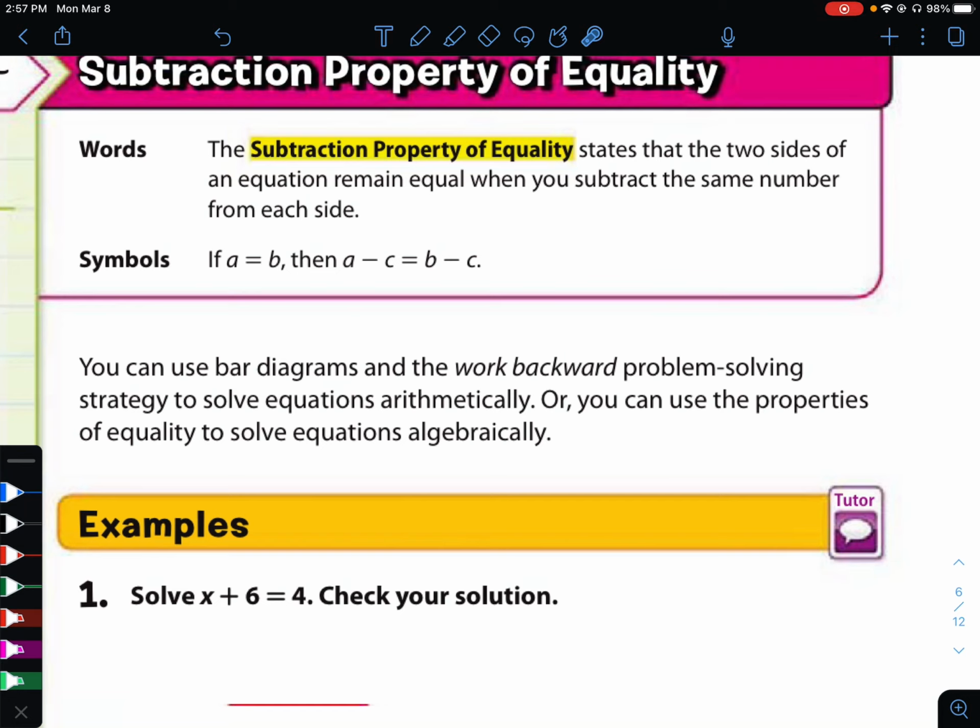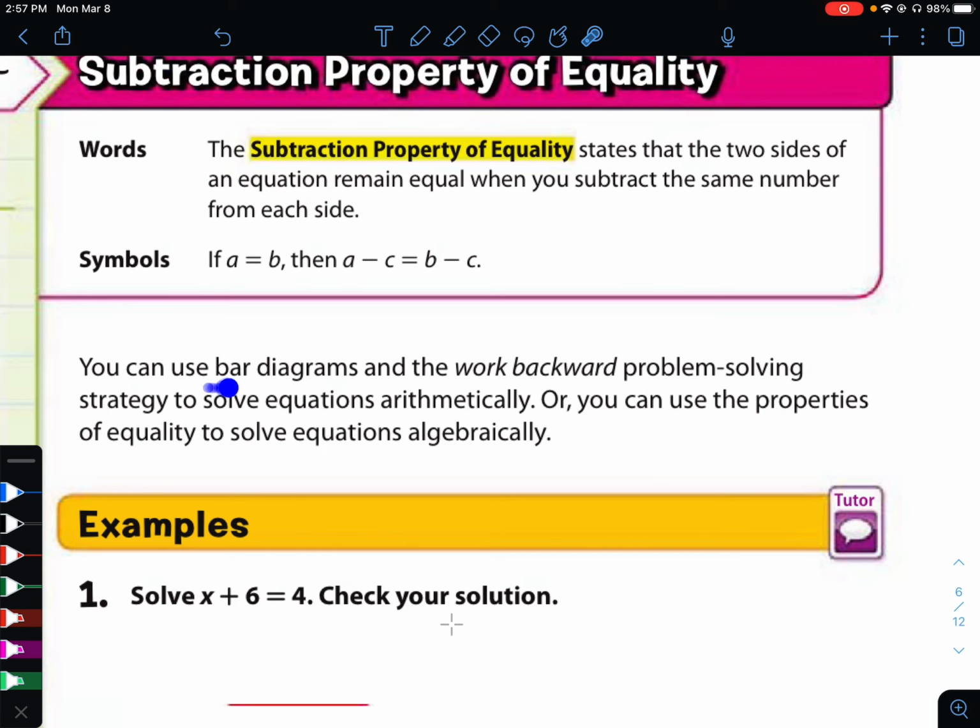So basically, with the subtraction property of equality, since we are dealing with an equation where both sides are supposed to be equal, whatever you do on the left side of the equation, you need to do on the right side of the equation. So if I subtract C from the left side, I need to subtract C from the right side. That is what we call the subtraction property of equality, and both expressions on both sides are still equal.